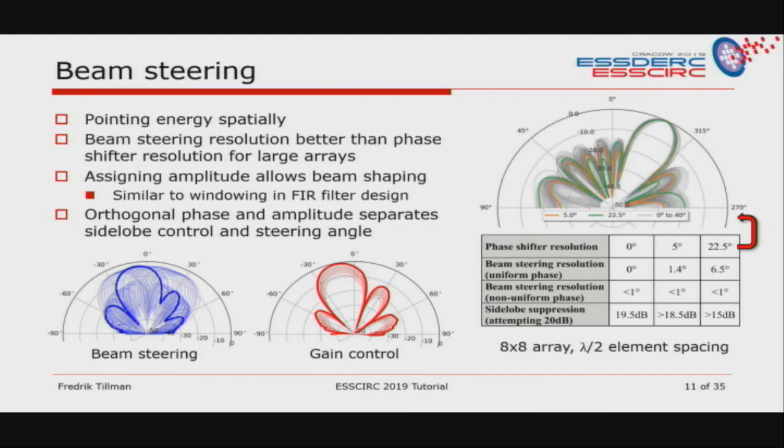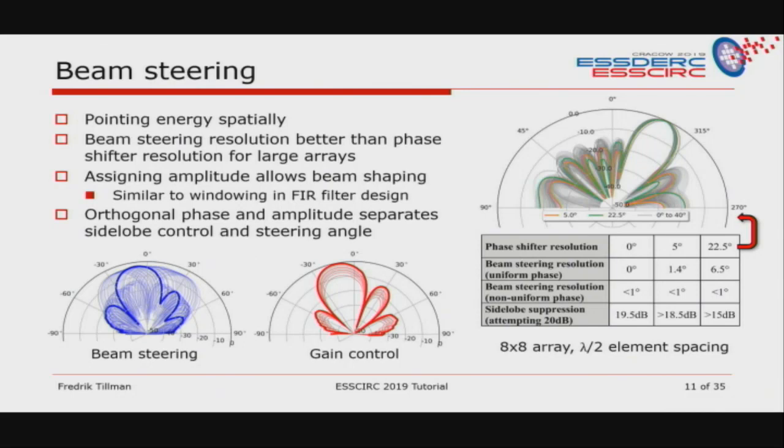Because you have so many elements, the angle accuracy for each element will be smeared out, or let's say you will improve that accuracy by having a lot of elements. So like mentioned in the table here, you have a phase shift resolution of 5 degrees. Now combining 64 elements here, you will have like 1.4 degrees as the beam steering resolution. So that's a clear advantage.